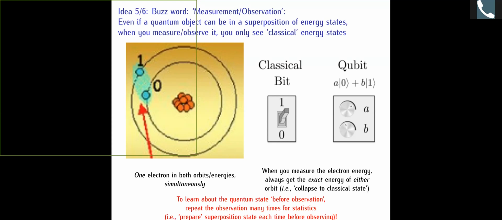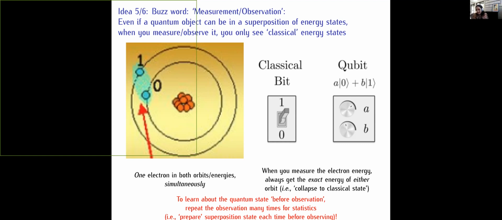And the reason has to do with the 5th idea that I would like to share with you: the idea that measuring a quantum system makes it classical and takes away all the nice quantumness about it. Even if a quantum object can be in a superposition of energy states, that is, an electron in the 0 track and in the 1 track, when you put an apparatus there to observe it, imagine that you want to measure the energy of the electron, right?